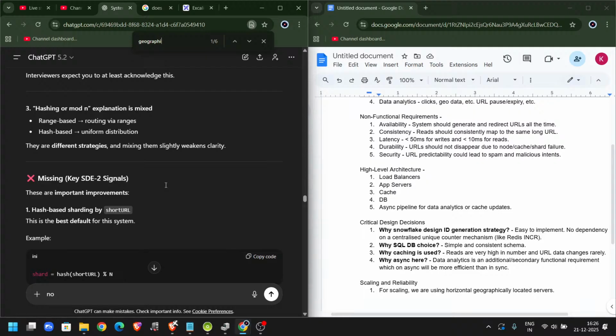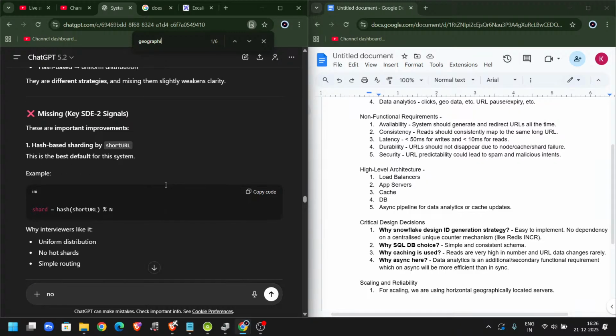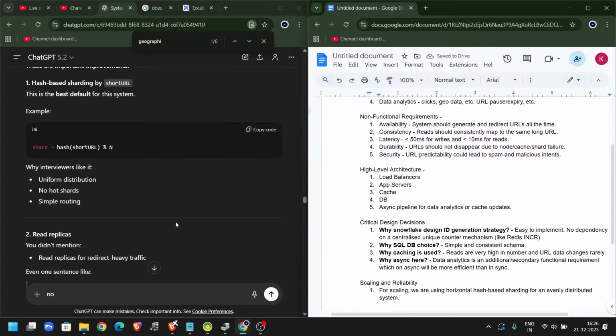Did we use range-based or hash-based sharding? Hash-based sharding, right, for an evenly distributed system. Uniform distribution, no hot shards and simple routing.